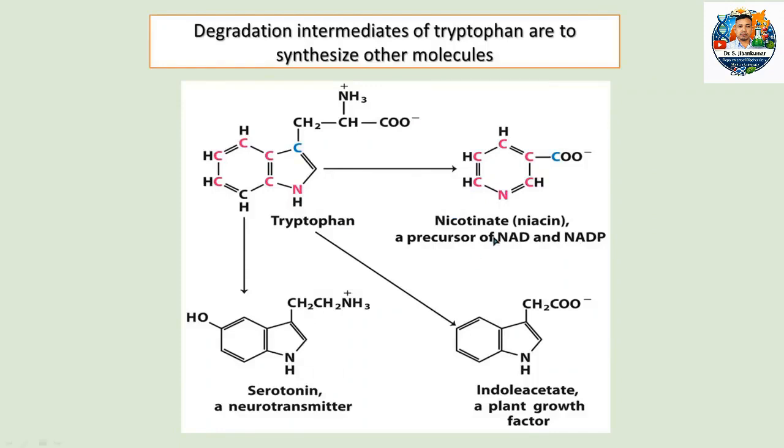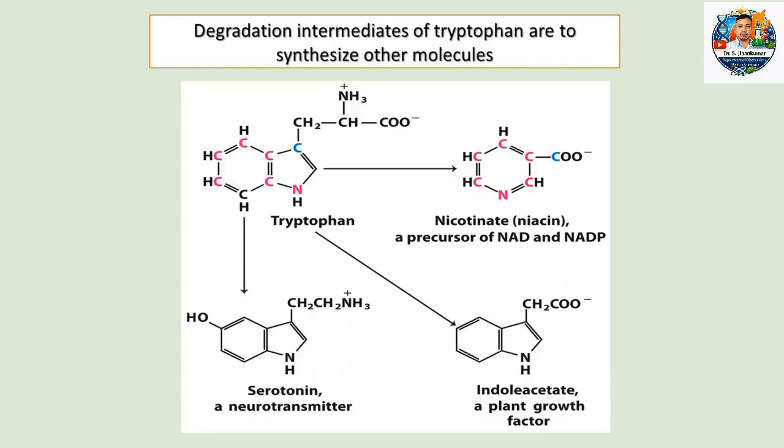So far we have been emphasizing the end products of these amino acids with respect to the TCA cycle. That means most of the amino acids are degraded to one of the intermediates of the TCA cycle.